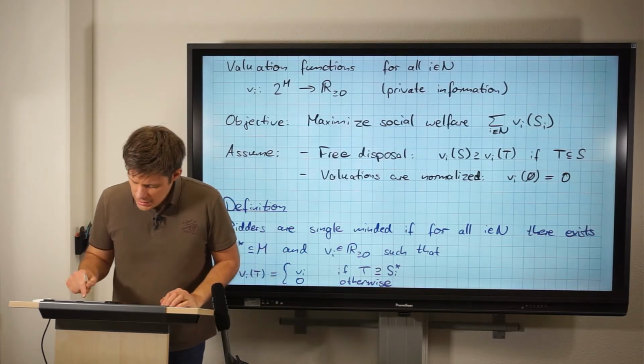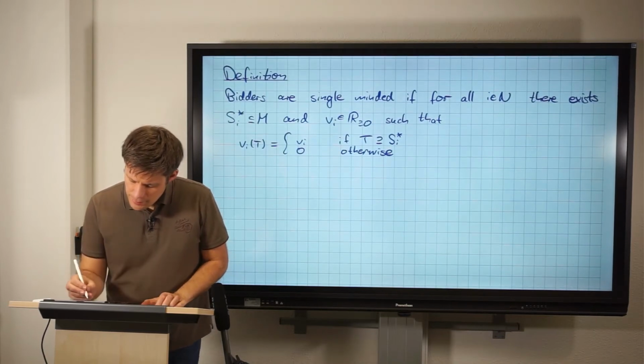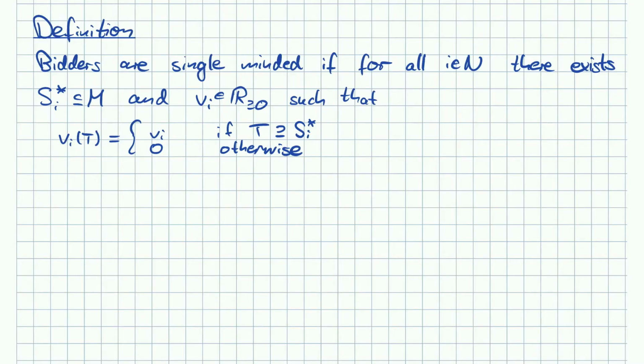Good. Let's see how we can visually understand this. In my example here, I now have two items.